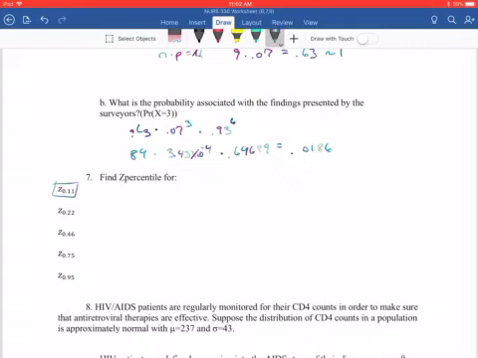Other people like to find the exact closest number, but either one will be fine on the exam because it's going to be relatively the same number. You go to the back of the book and find the closest number without going over 11%, and you find that's negative 1.23.